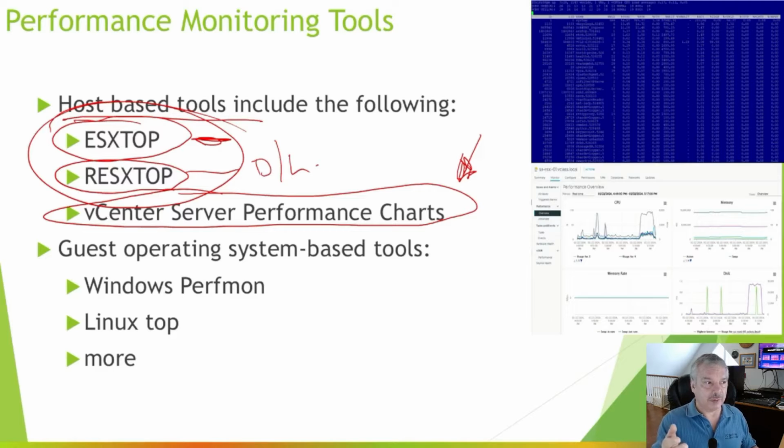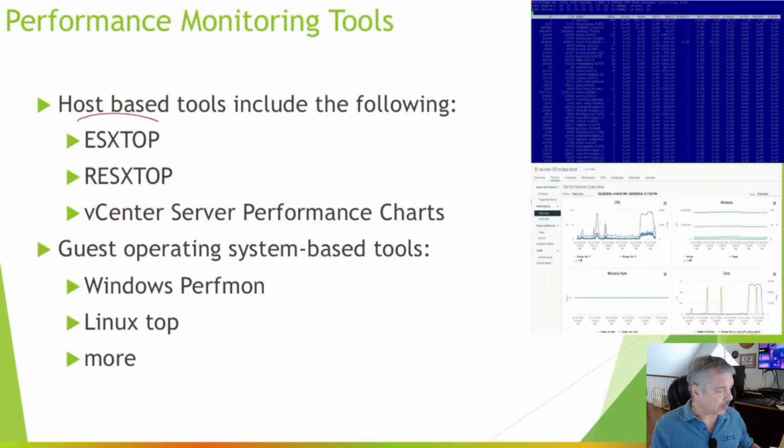I'll say it provides you with near time, as granular as 20 seconds. With these two tools here, you can get as granular as 2 seconds, which I'll show you. And by the way, I'll demo ESXTOP because I have that. If you know how to use ESXTOP, you know how to use RESXTOP. It's pretty much the same stuff.